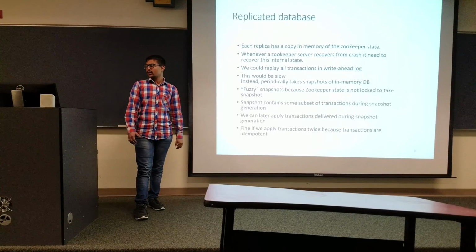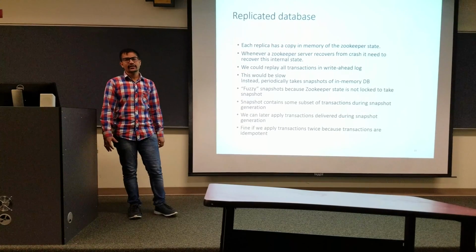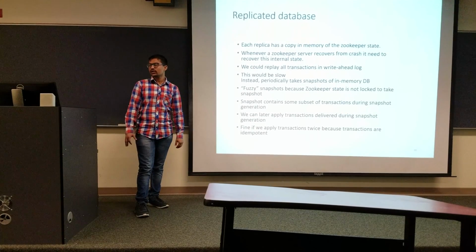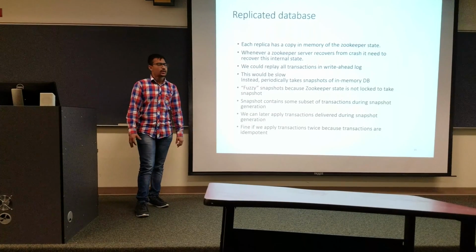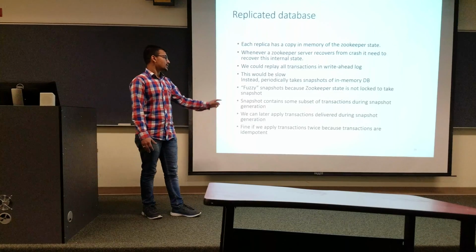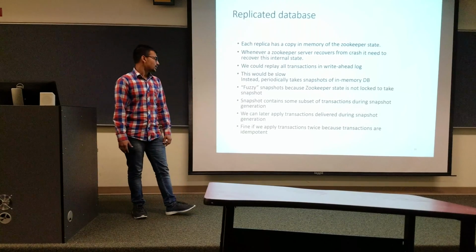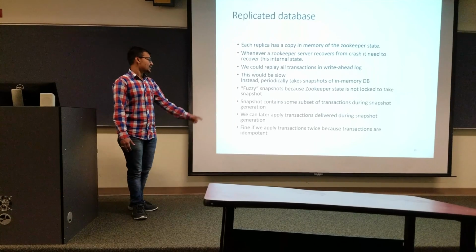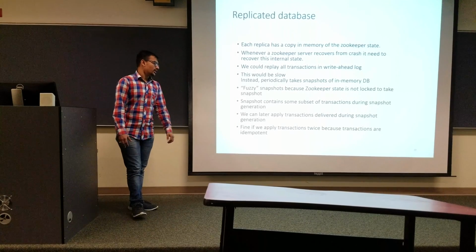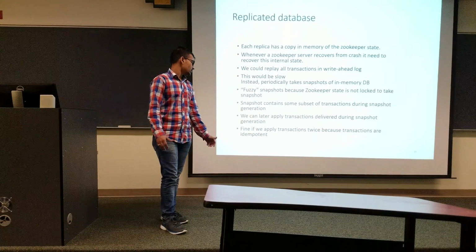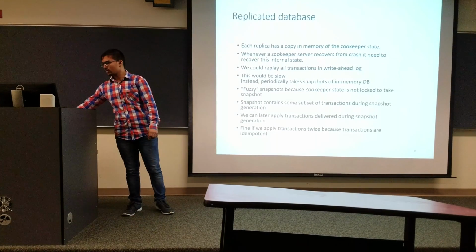Instead, periodically take a snapshot of the in-memory database. It is a fuzzy snapshot because the Zookeeper state is not locked to take the snapshot. That's why the snapshot contains some subset of transactions during the snapshot generation. We can later apply transactions delivered during snapshot generation. It is fine if we apply a transaction twice because transactions are idempotent.